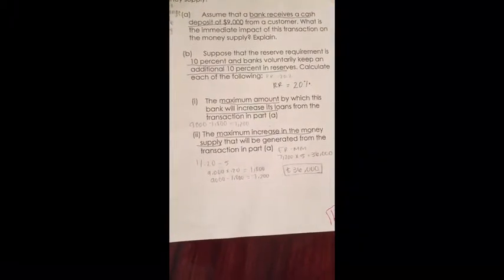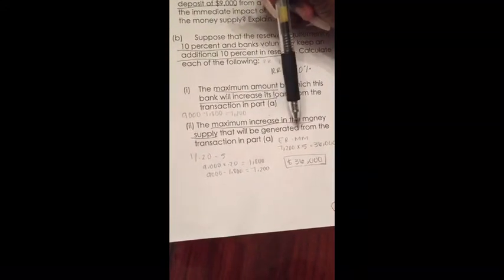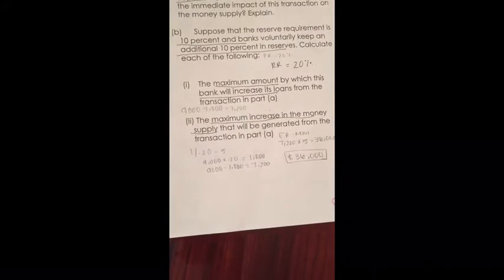For scenario B2, what is the maximum increase in the money supply that will be generated from the transaction in part A? Here they're asking us the maximum increase in the money supply. So in this case, we'll be using the equation for the banking system, which is the excess reserves multiplied by the money multiplier.